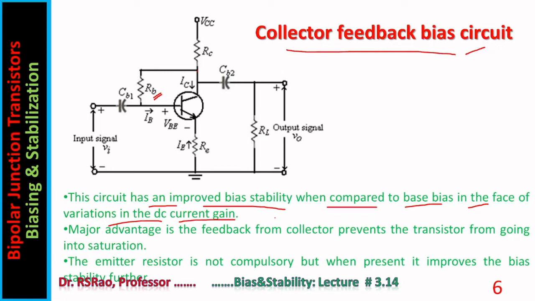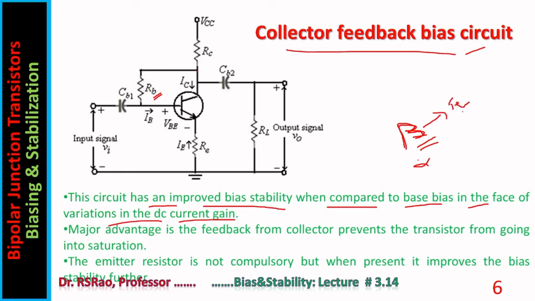So far we discussed what is this DC current gain. It can be beta or it can be alpha also, but usually beta is provided by the manufacturers in the data sheet that comes along with the transistor. This beta depends upon temperature.